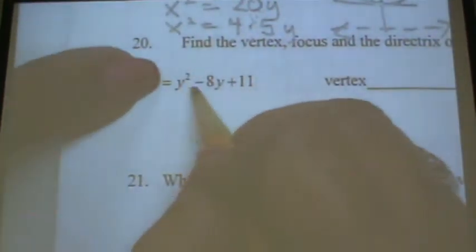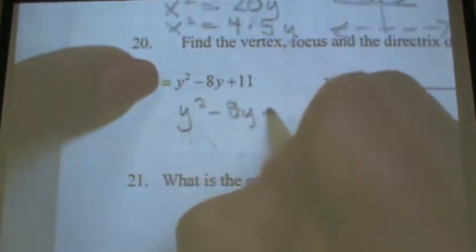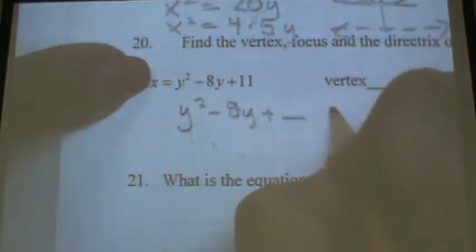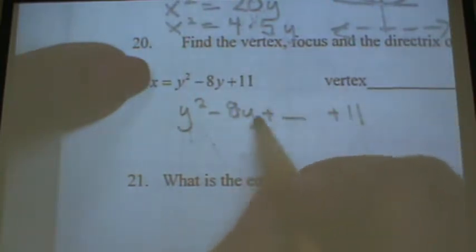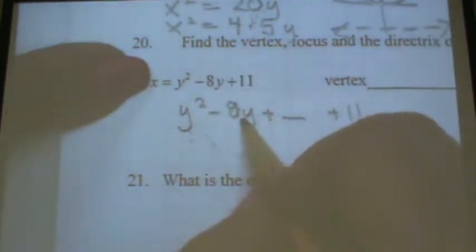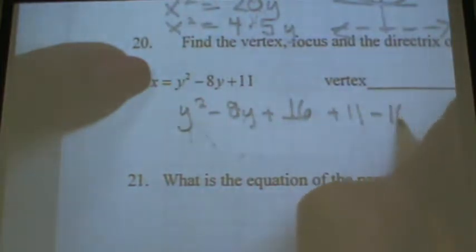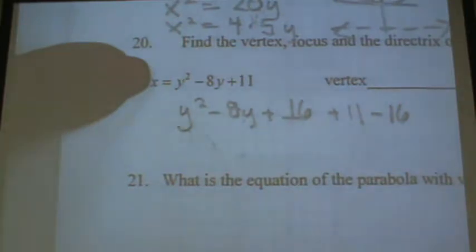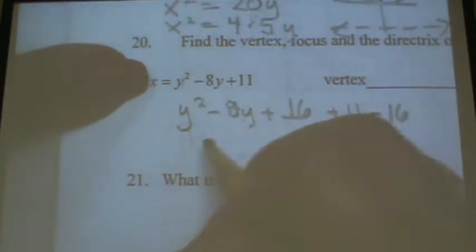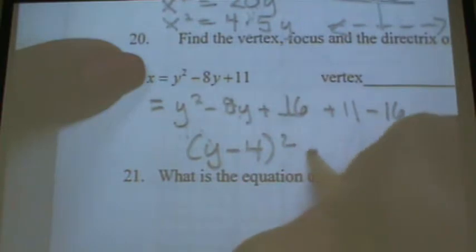Okay, this one, we've got to complete the square. So let's complete the square right here. We've got y squared minus 8y plus something. Get rid of 11. Let's not mess with it right now. So half of 8 is 4. Square it, you're going to add 16, but subtract 16. Does everyone understand? You're adding and subtracting on the same side. So what you get here is y minus 4 squared minus 5.